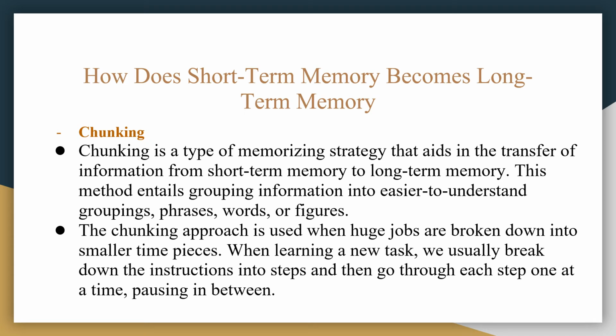The chunking approach is used when huge jobs are broken down into smaller time pieces. When learning a new task, we usually break down the instructions into steps and then go through each step one at a time, pausing in between.